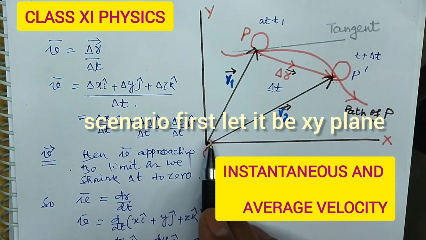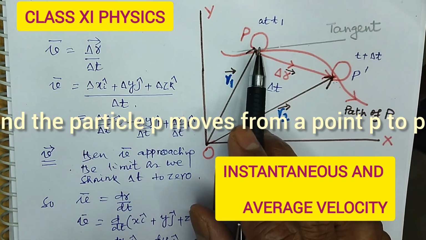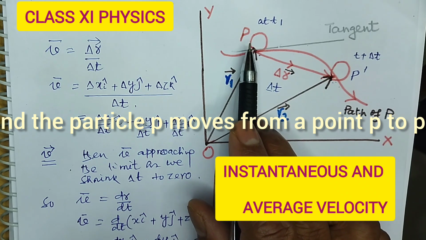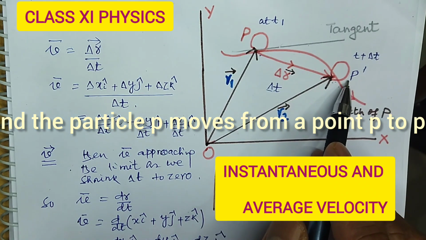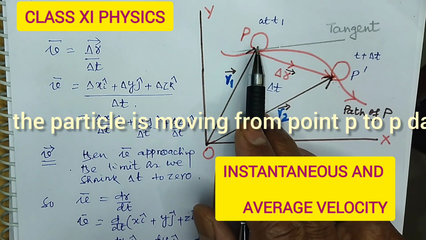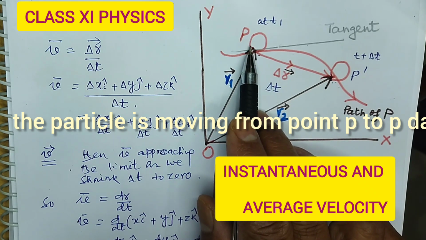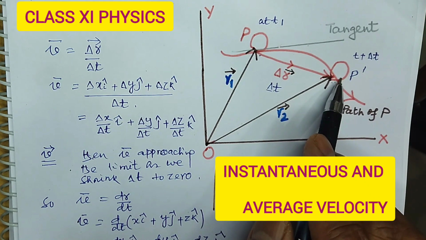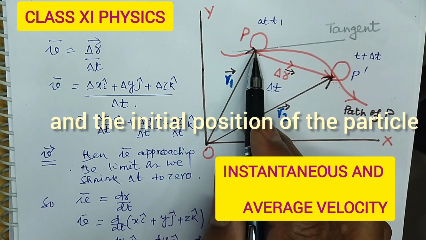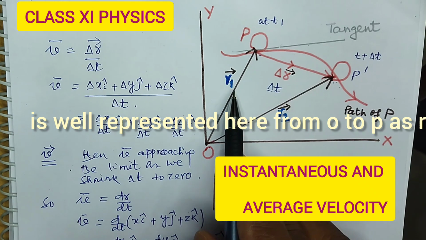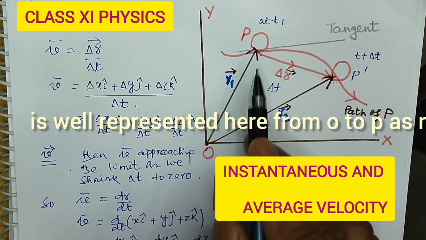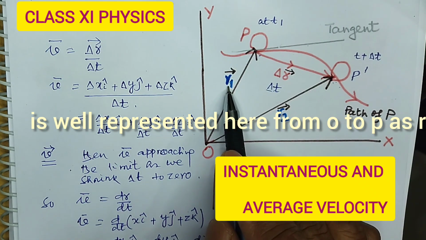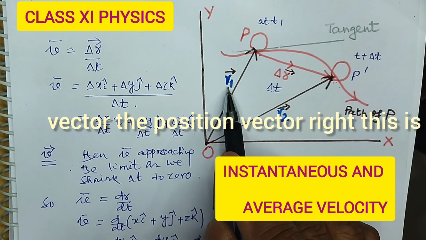Let it be an xy plane and the particle moves from a point P to P dash. The initial position of the particle is well represented from O to P as R1 vector, the position vector.